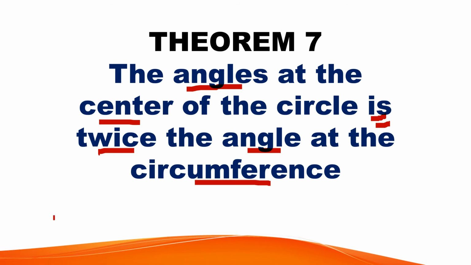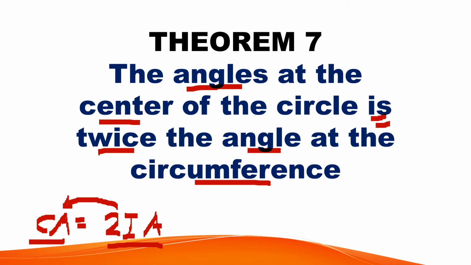So, sabi dito, si central angle is twice the angle at the circumference. So, si angle at the circumference is si inscribed angle natin. So, sinasabi lang dito, si central angle is equal to twice the measure of your inscribed angle. Pag dinoble mo si inscribed angle, makukuha mo si central angle. Pag hinati mo si central angle, makukuha mo naman si inscribed angle.